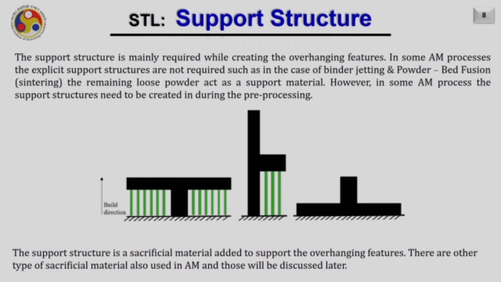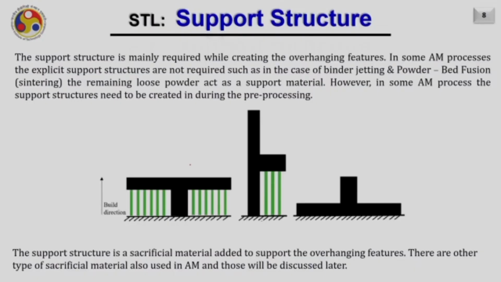However, in some additive manufacturing processes like FDM, DED, and material jetting, the support structure needs to be created during the pre-processing of the CAD model, and later in the post-processing the support material also has to be removed by some means.